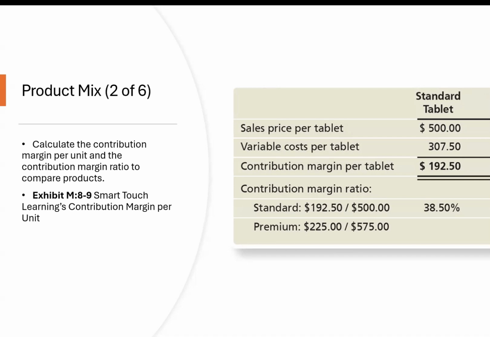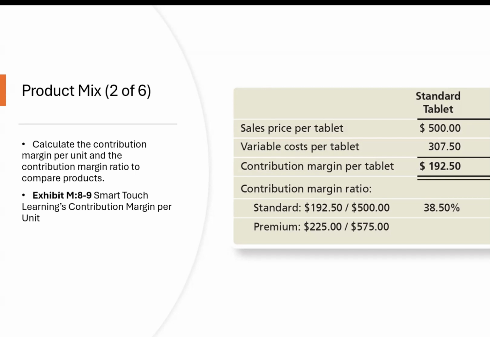So in this case, machine hours is the constraint. Note that this is a short-term decision because in the long run, Smart Touch Learning could expand its production facilities to meet sales demand if it made financial sense to do so. Okay?